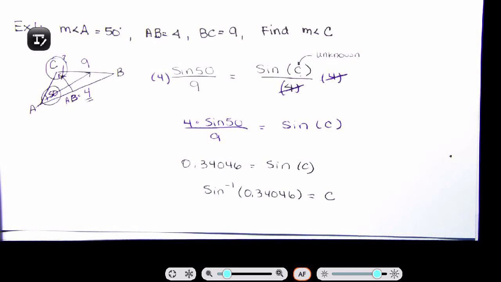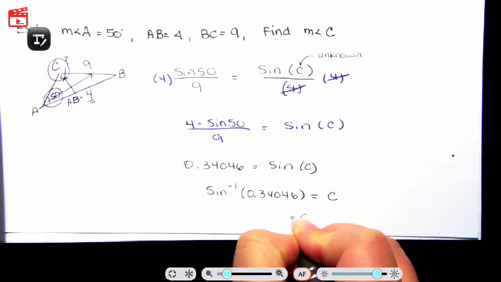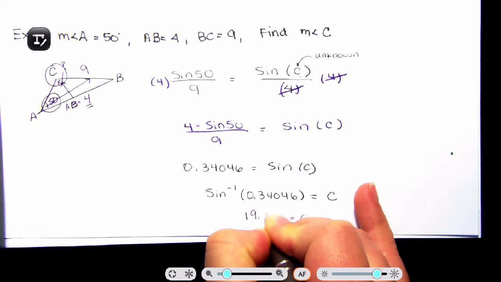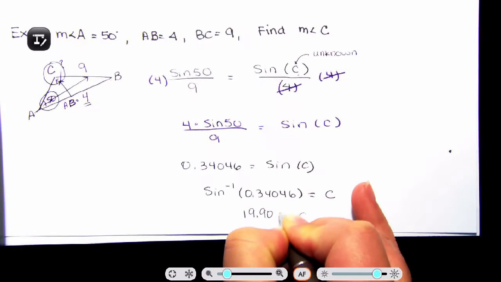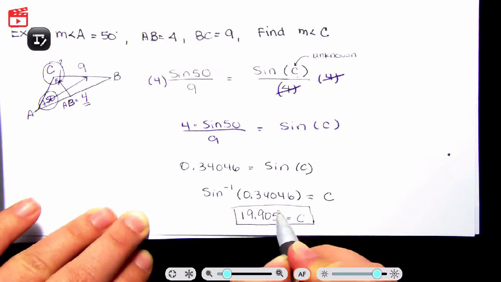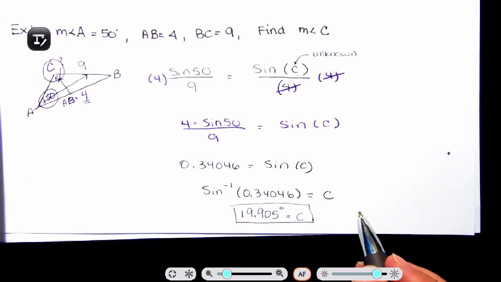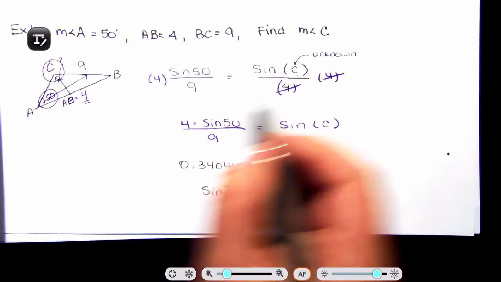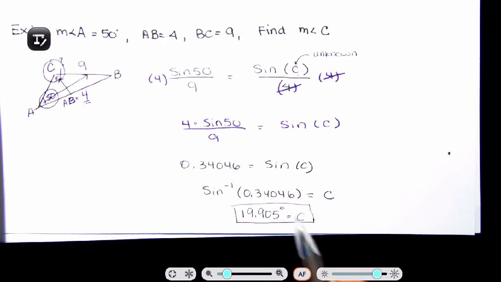I'm going to type in my ratio, which is 0.34046. And again, use the calculator to get as precise as you can. And that's going to give me 19.905-ish. And again, read the directions to see what it's asking you to round to. And what is C? C is an angle measure, so you have to let the reader know that this is in degrees.